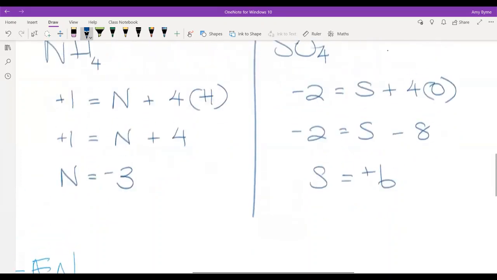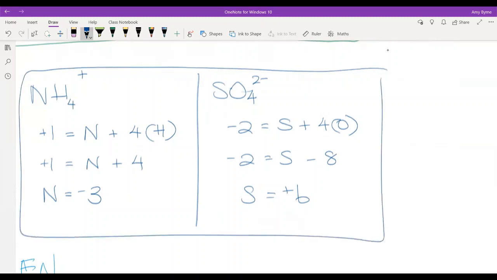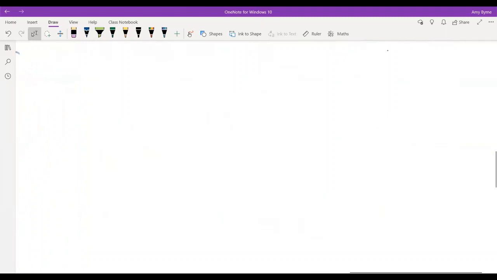Let's do another compound for each of these guys to show you that my oxidation states can change. So let's do a different nitrogen compound. Obviously I could just do nitrogen gas, but let's pick something a bit more complex that we can actually work out. So if I have NO3-, this is the nitrate ion.